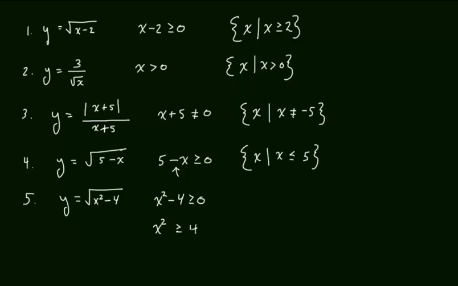Now, do you remember that if I'm taking the square root of both sides, then I get the absolute value of x, principal square root, is greater than or equal to 2. And that, you should remember, means two different pieces. So we'll write x such that x is less than or equal to negative 2, or x is greater than or equal to positive 2.